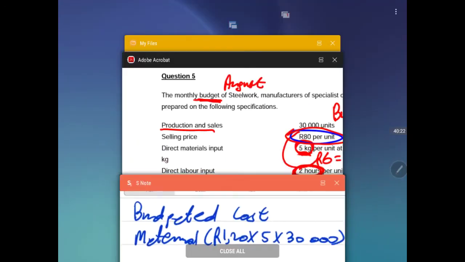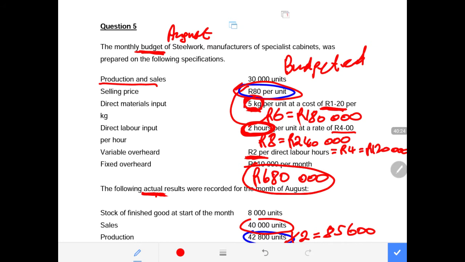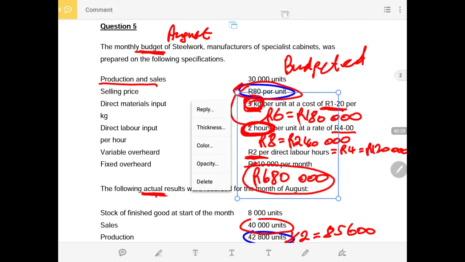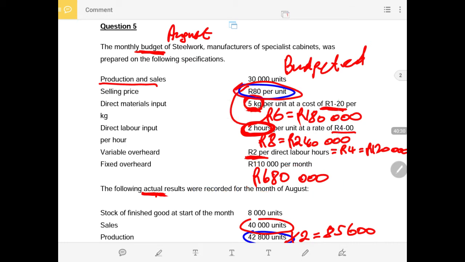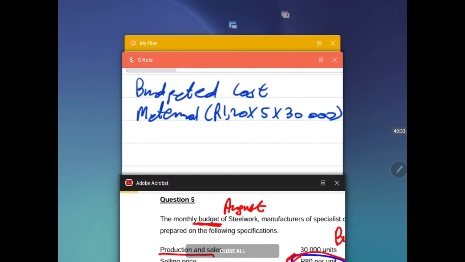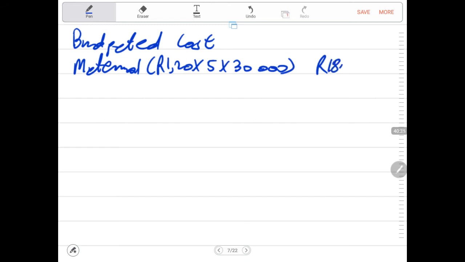I've done that workings. 5 kgs times 120, it gave us 180,000 rands. So that will be 180,000 rands. Then we have labor, which is direct labor. Direct labor is 4 rand times 2 hours times 30,000 units.